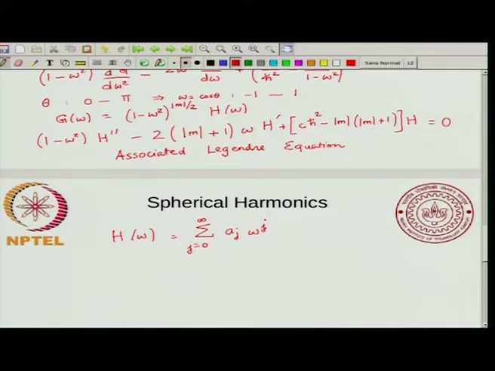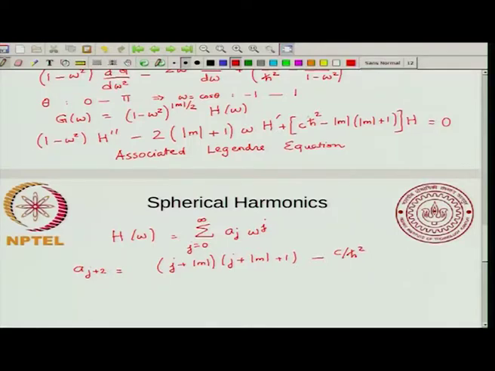Now if you substitute in this, you will get the recursion relation that looks like a j plus 2 is equal to j plus absolute value of m times j plus absolute value of m plus 1 minus c divided by h bar square.